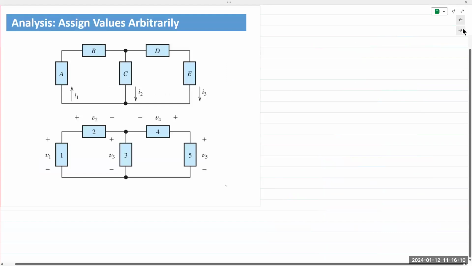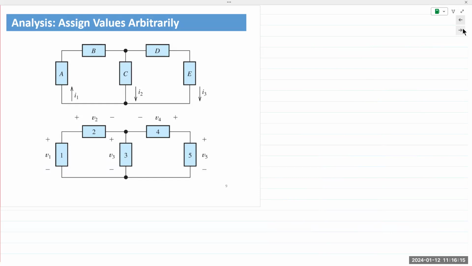So then let's take a look at what we need to do when we begin circuit analysis. At the beginning of a problem, we would be given certain values. We might be given that the source has a certain voltage, or a certain current. The values of the components will be given to us. But other than that, we might have no idea of the voltages and the currents appearing in the circuit. So when we first begin analysis, we simply assign values randomly. Those values are completely arbitrary.